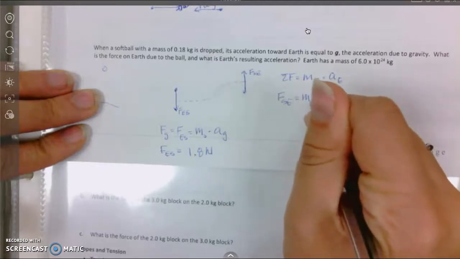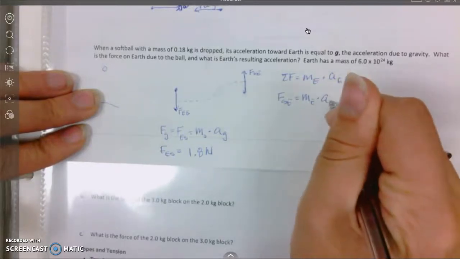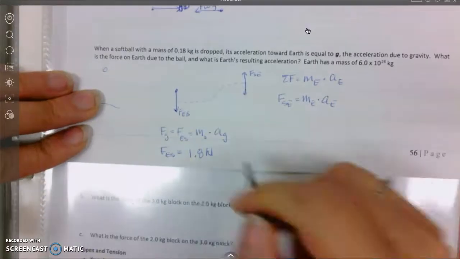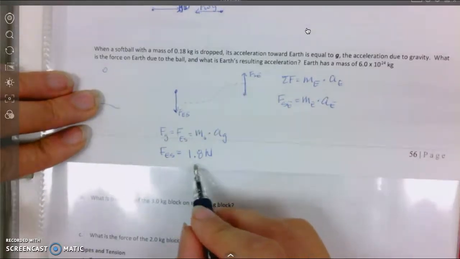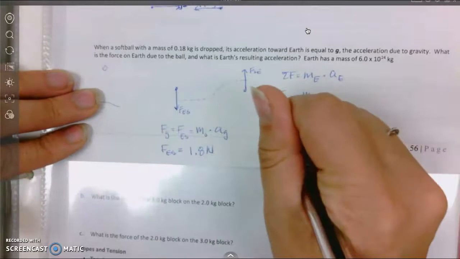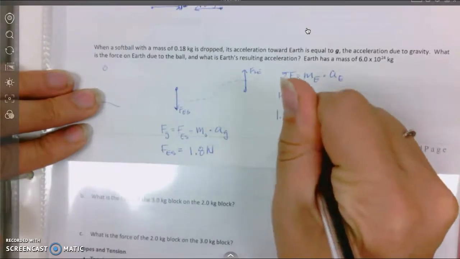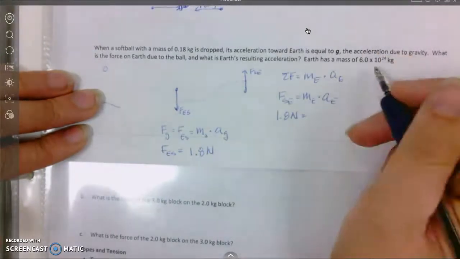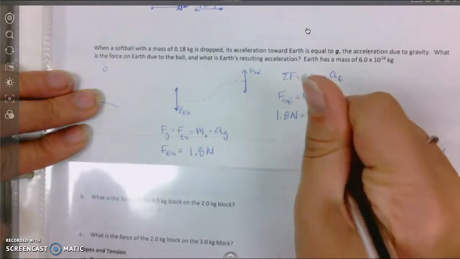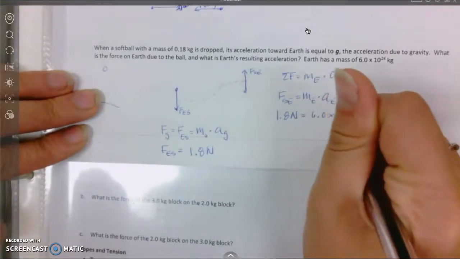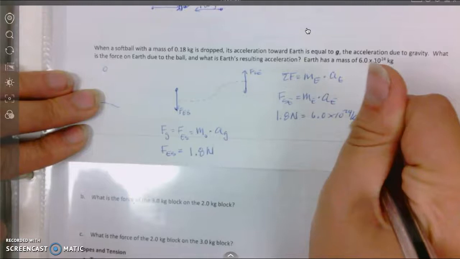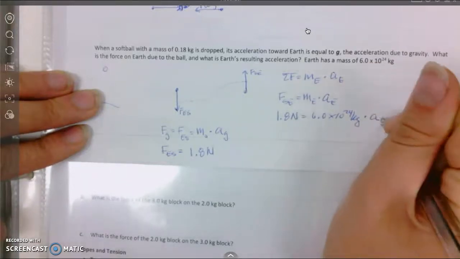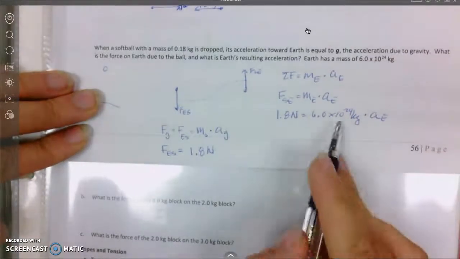Mass of the Earth multiplied by acceleration of the Earth. We know that this force is equal to that. So we have 1.8 newtons is going to equal the mass of the Earth, 6.0 times 10 to the 24 kilograms multiplied by the acceleration. So we'll divide that over.